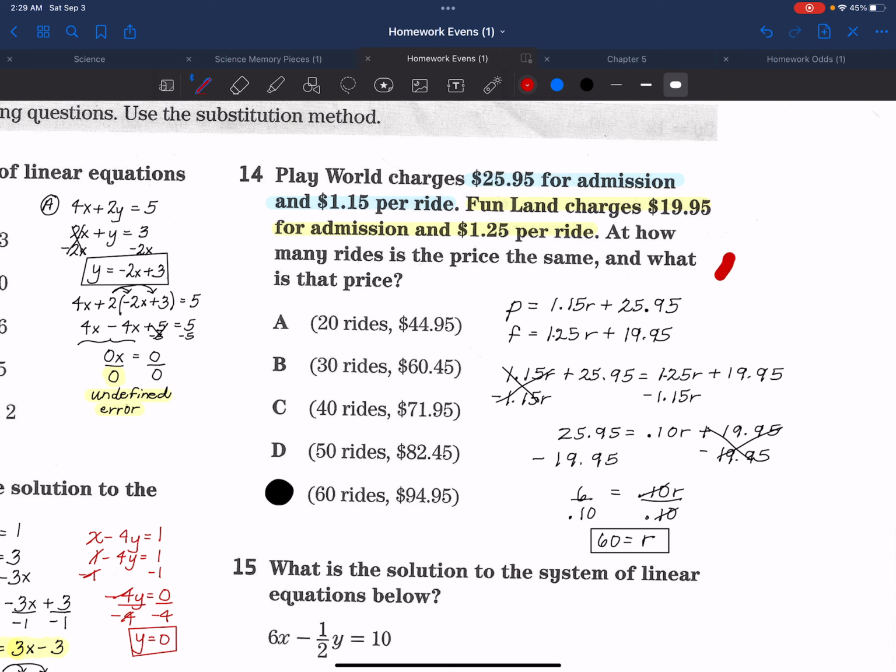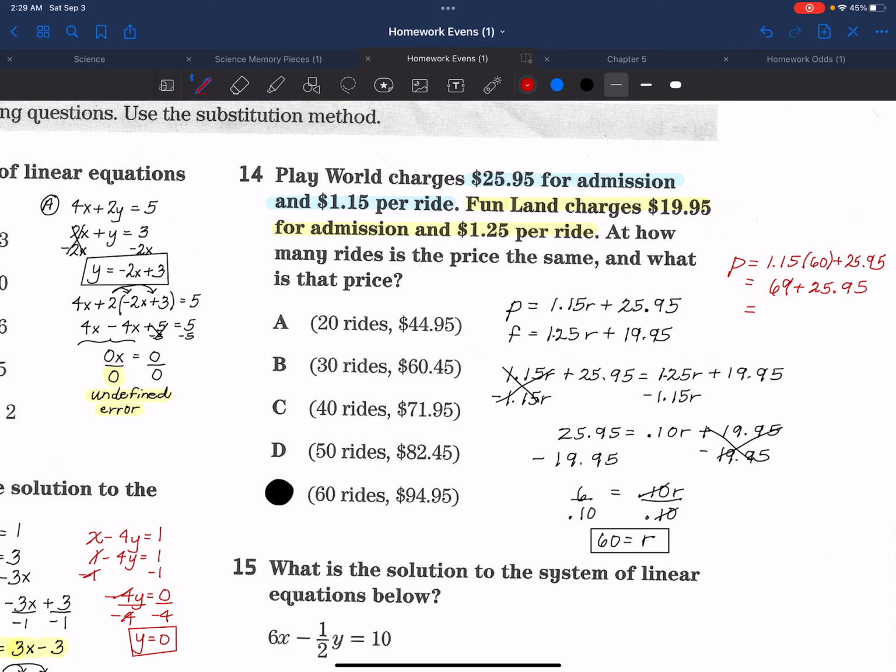So pick one of your formulas. I'm going to pick Play World. It doesn't matter. But I said that that was $1.15. Let's multiply that times 60 and add the admission price. So 1.15 times 60. I have no idea. $69 plus $25.95.